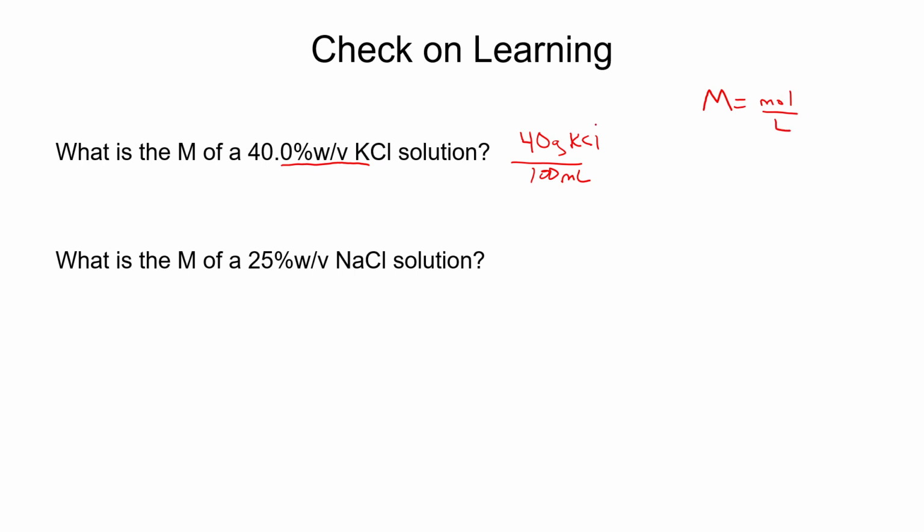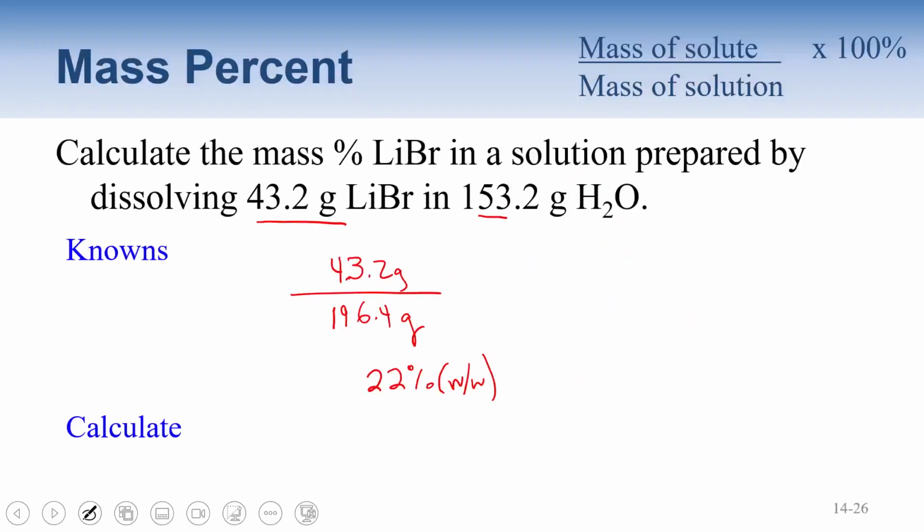So this has to be converted to moles, and this has to be converted to liters. 40 grams of KCl, converting this to moles. One mole is equal to the calculated mass from the periodic table.